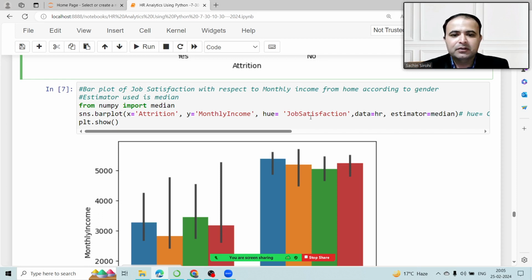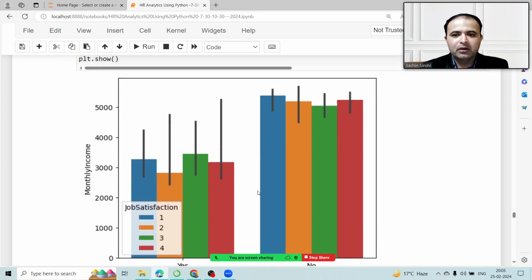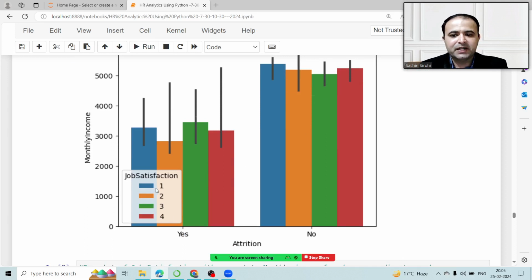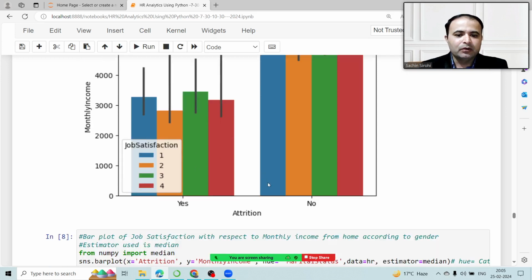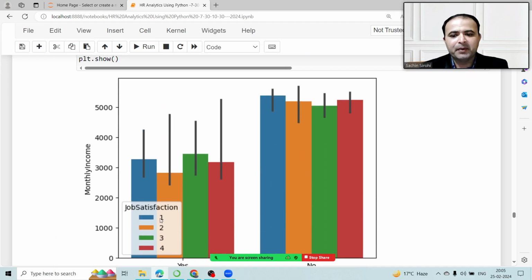I want to check the monthly income according to attrition, yes and no, but considering the job satisfaction levels 1, 2, 3, 4, and how many people say 1, 2, 3, 4.